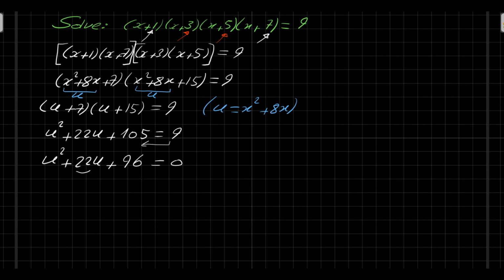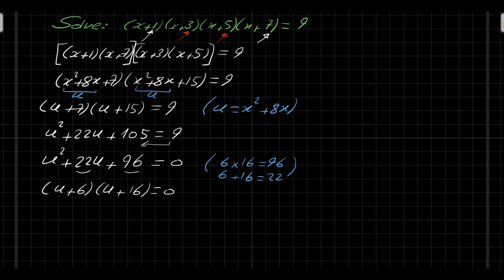Here we have 22 and 96. Notice that if we multiply 6 times 16 it gives us 96, and if we add 6 plus 16 it gives 22. So the factors here are (u+6)(u+16) equals 0.